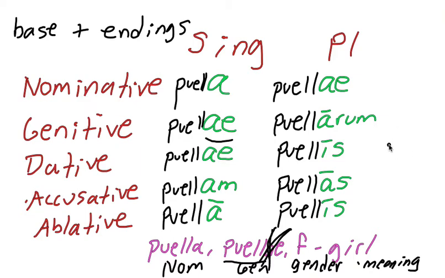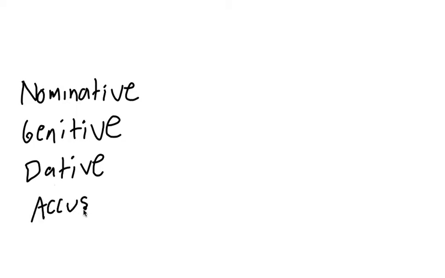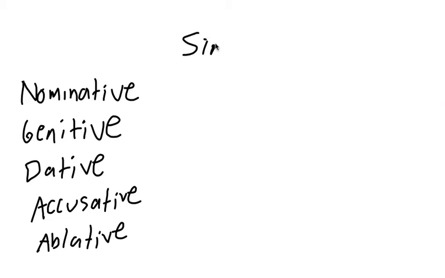Now let's wipe the page and set up a new chart, and let's practice with a random noun. We have nominative, genitive, dative, accusative, and ablative, and again singular and plural for our number.